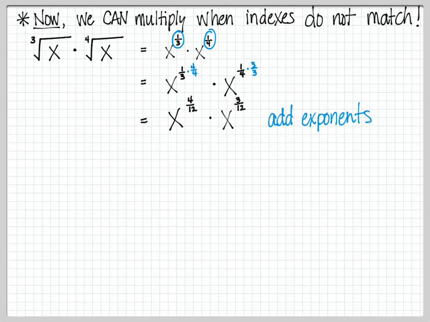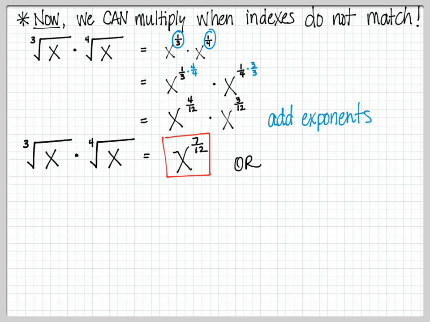So what we have to add is 4/12 plus 3/12, and we're going to get x to the 7/12. And so here's an example where we were just able to multiply two radicals that had different indexes. And the only way we could do that was to write them in rational exponent form. Now that x to the 7/12 could also be rewritten back in radical form, and I could say it's the 12th root of x to the 7th.